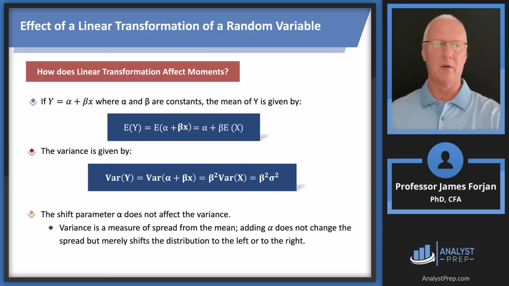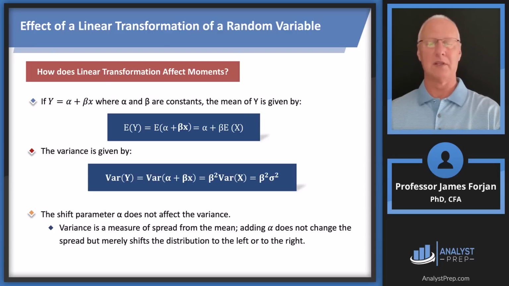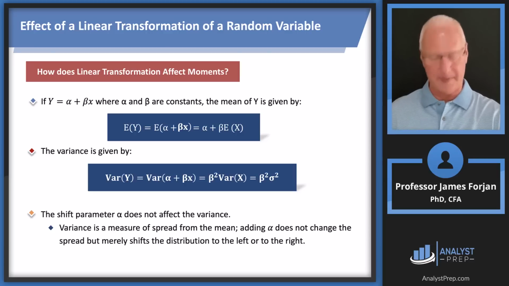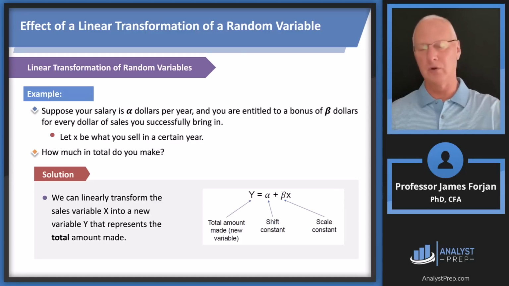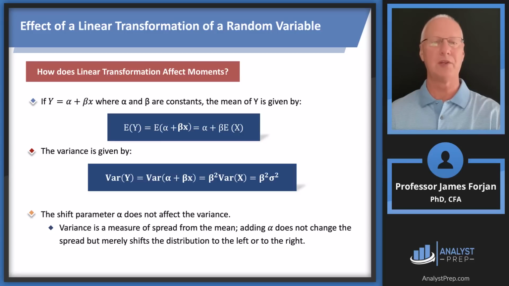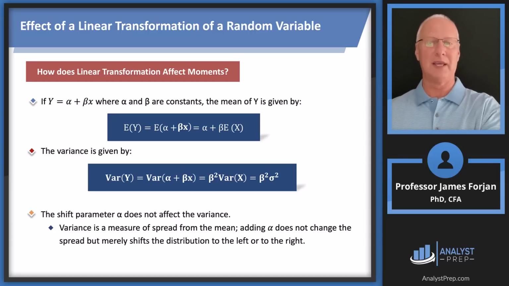Now the question becomes, how does that affect the moments of the distribution? Well, if we take the expectation of Y, that's our new variable, our total compensation, remember what we said earlier on that slide about the expectations operator? The expectation of a constant is the constant itself. So that just equals alpha.